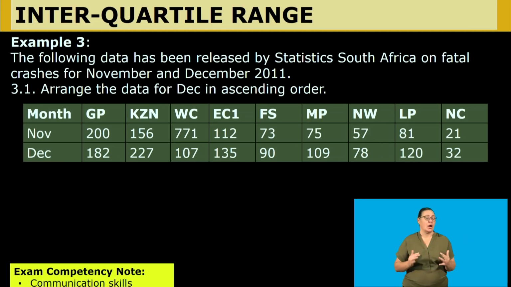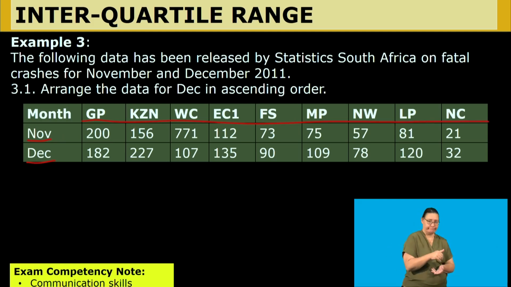Let us look at this example. The following data has been released by Statistics South Africa on fatal crashes for November and December 2021. So we've got the months November and December, and all 9 provinces' data are collected there.